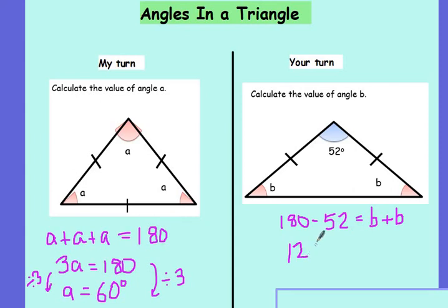So 128 is equal to 2 lots of whatever B is. Because we've taken our 180, we've removed 52, so we know that whatever's left over has got to be split equally between those 2 B's. So B is going to be equal to 64 degrees. Please make sure you've got this example in your dark blue book for me.